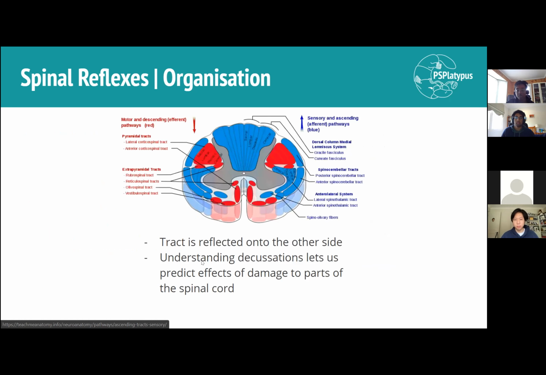That's important clinically because when damage to the spinal cord occurs at a particular section, we want to know, are these fibers going to eventually decussate, and what sort of findings would they have, or work backwards. So it's very relevant to predict effects of damage.